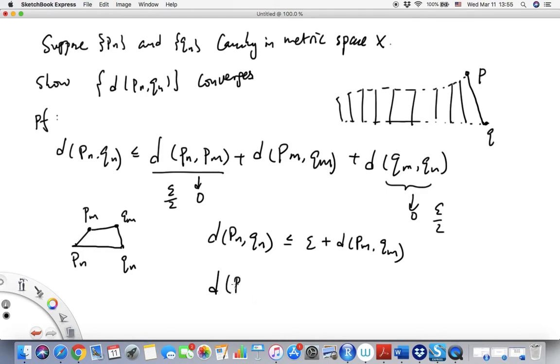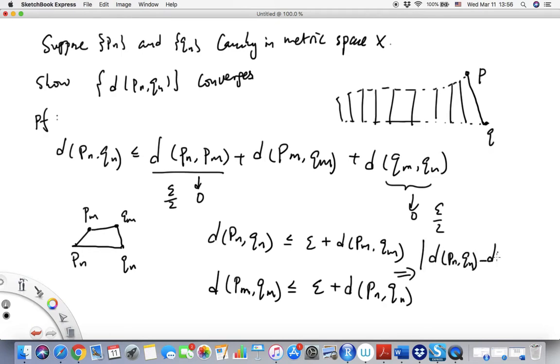You can show d(Pm, Qm) is less than or equal to epsilon plus d(Pn, Qn), right? So that together implies the distance between these two is less than epsilon, right?